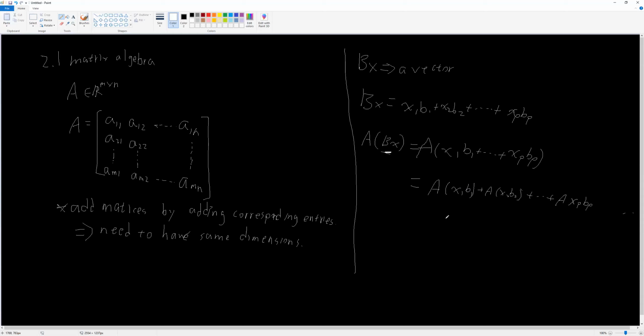That being said, we can rewrite this whole thing as A b1 x1, and put that in parentheses, plus A b2 x2, plus dot dot dot plus A bp xp. Okay, and by looking at this in a different way, we get that we can rewrite this as AB times x.